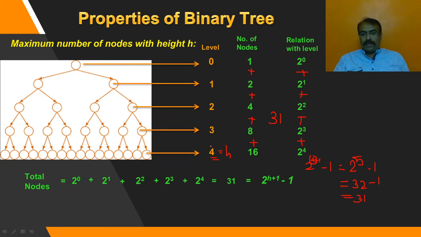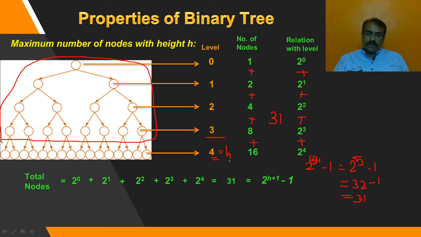When I make h equal to 3, it will be 2 raised to power 4 minus 1. 2 raised to power 4 is 16, minus 1 is 15. So till this point we have only 15 nodes in the picture. Even if I take this as level 0, 2 raised to power 0, that way we can get the answers.